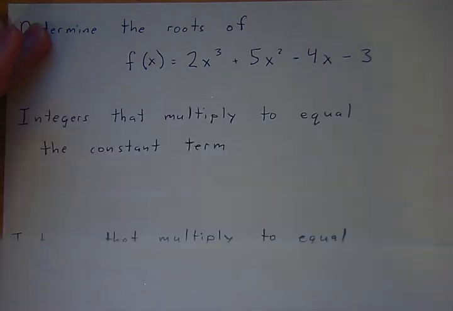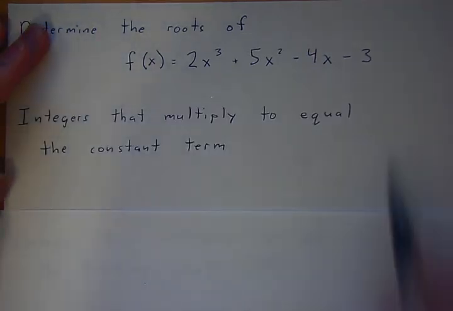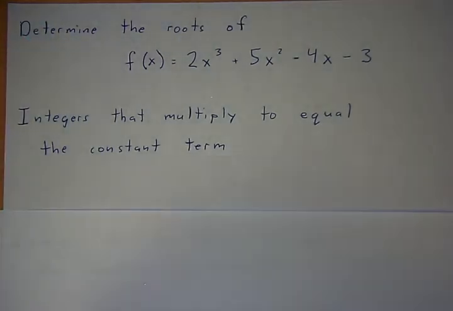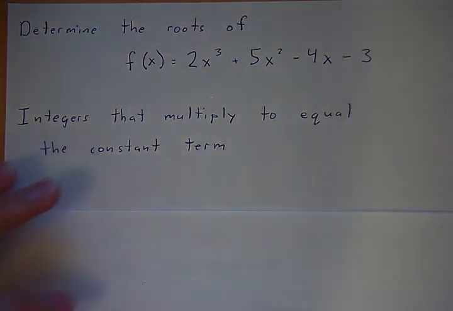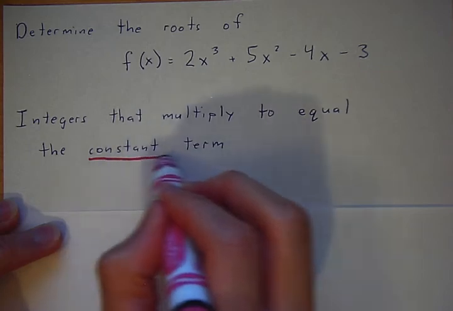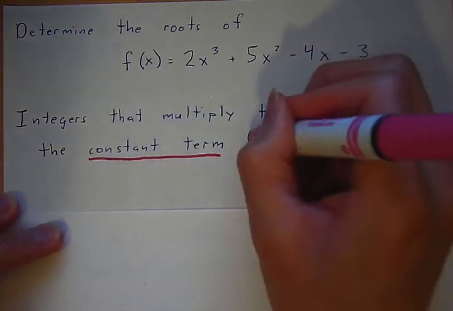So, first of all, what are the integers that multiply to equal our constant term? Our constant term is our -3.